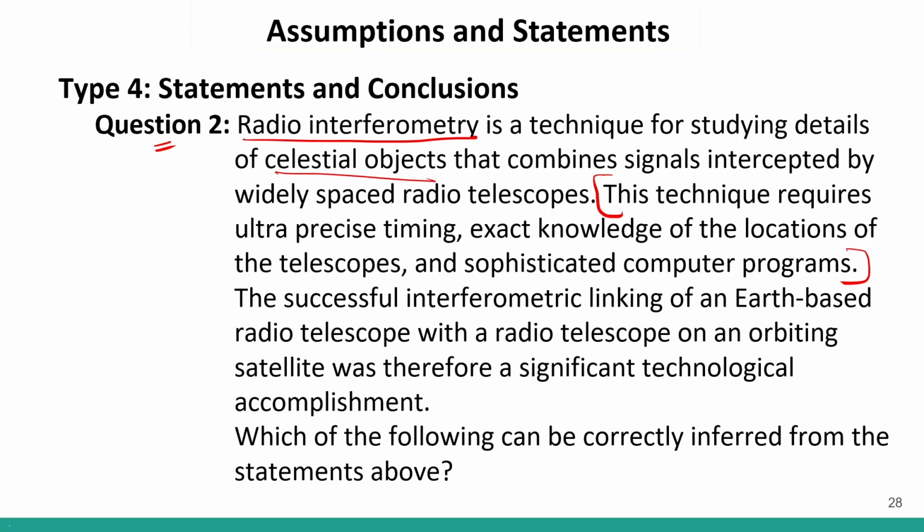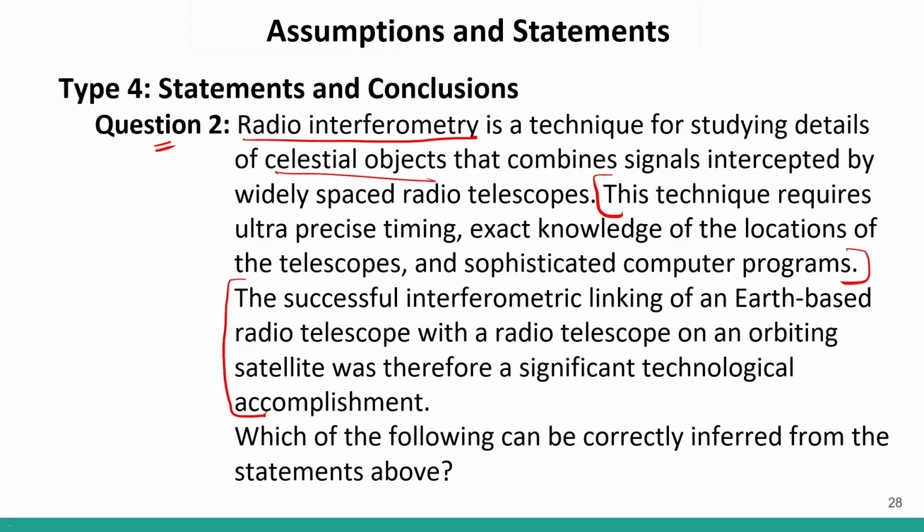The successful interferometric linking of an Earth-based radio telescope with a radio telescope on an orbiting satellite was therefore a significant technological accomplishment. So we were able to successfully link an Earth-based radio telescope with a radio telescope of an orbiting satellite. This information is given in the statement.